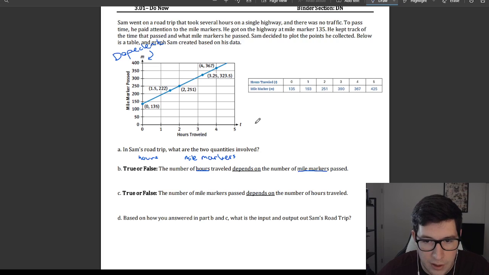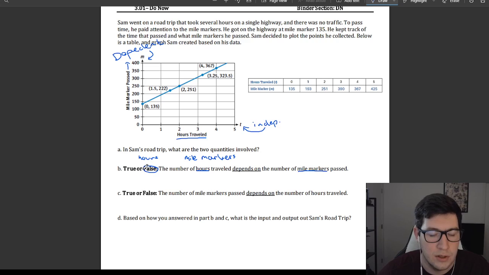This is always our independent variable that we place running horizontally. And so that means that our hours traveled should be our independent and our mile markers should be our dependent, which is the opposite of what this is saying. So I know that this is going to be false.